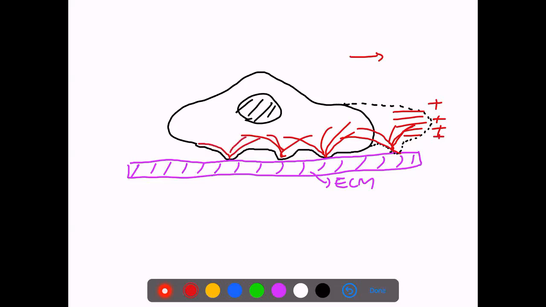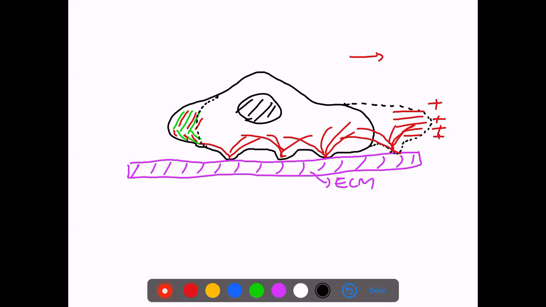And here's the myosin, and actin will be organized in here. Because they contract, they will retract from here, right?